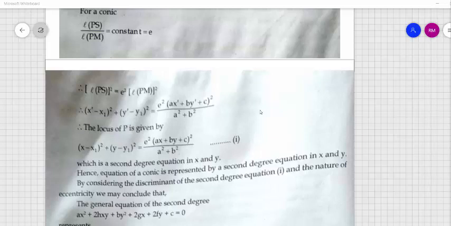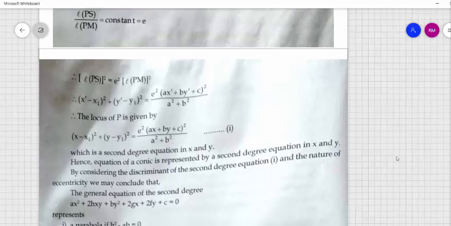So the conic is represented by a second degree equation in x and y, and by considering the discriminant of the second degree equation and the nature of eccentricity, we conclude that the general equation of the second degree is ax square plus 2hxy plus by square plus 2gx plus 2fy plus c equal to 0.